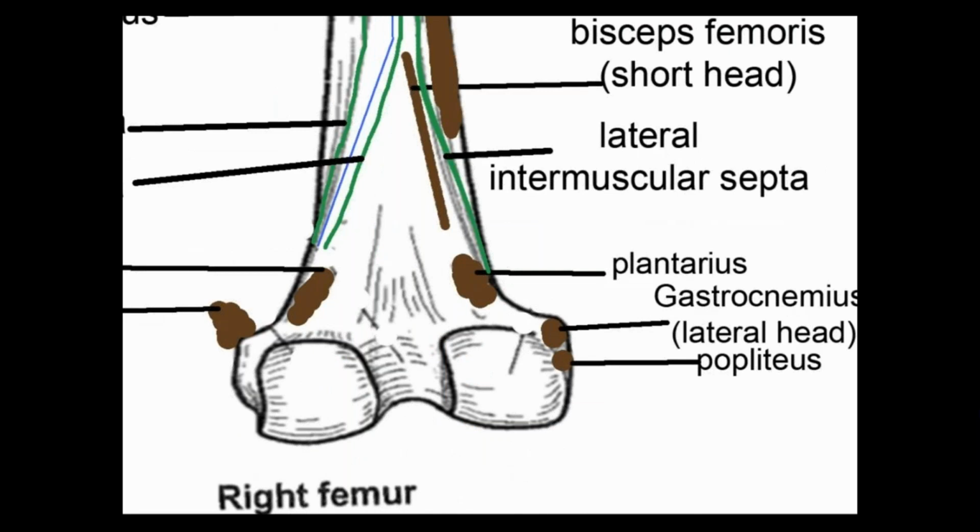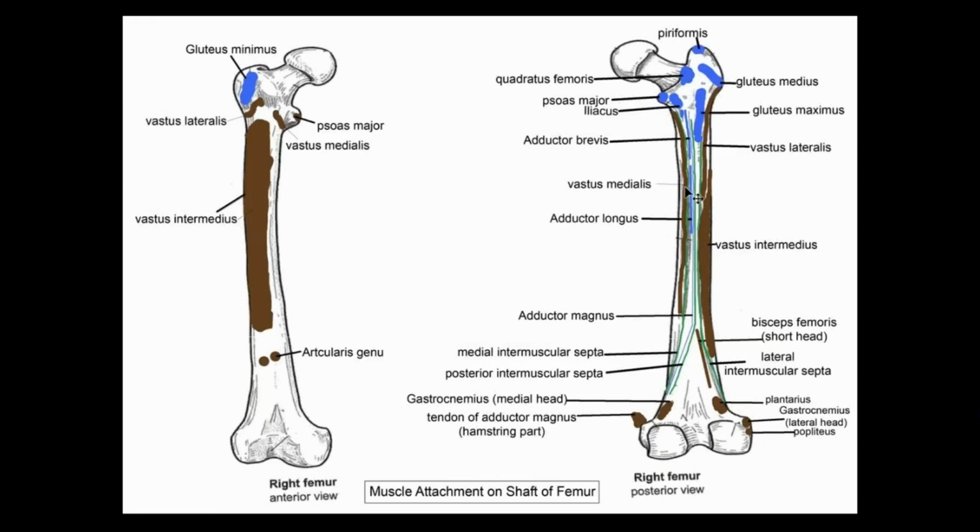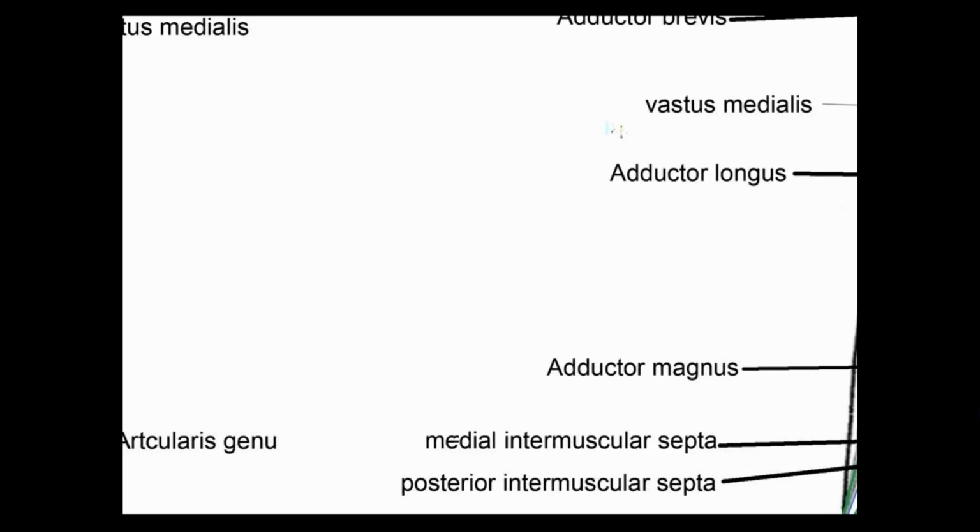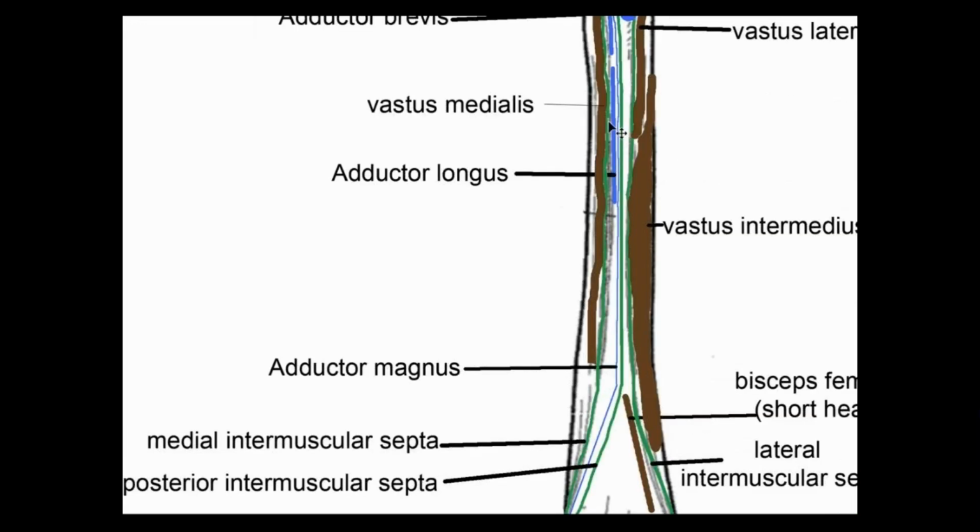Now, if I talk about the arrangement from medial to lateral, there is vastus medialis, then the medial intermuscular septum, then in the upper part adductor brevis, in the lower part adductor longus, then adductor magnus, then the posterior intermuscular septum, and more lateral to it, in the lower part, the short head of biceps femoris, and more laterally the lateral intermuscular septum, and finally the most lateral part is the muscle known as vastus lateralis, right?